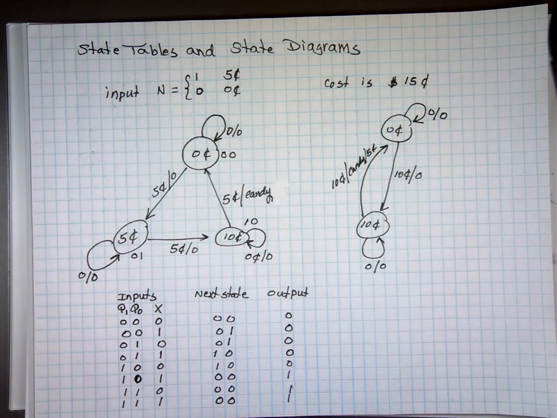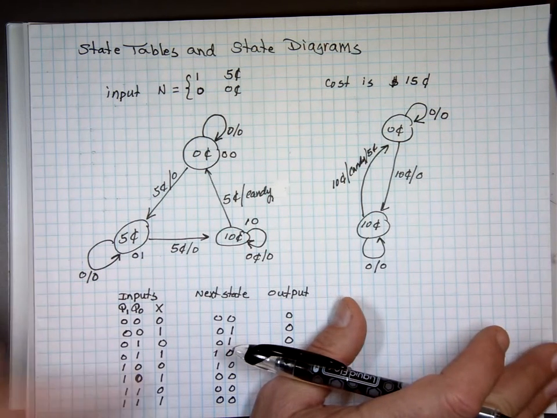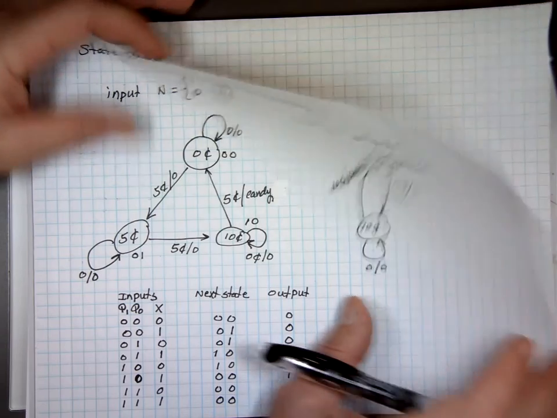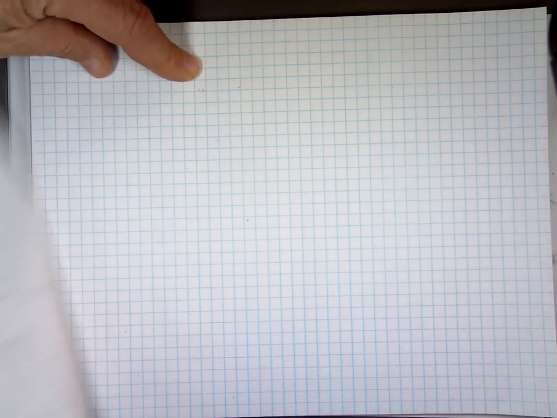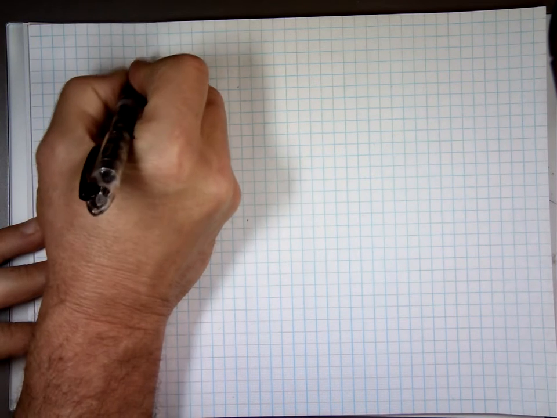So let me take another state diagram and see if I can generate the state table. I'm going to give you one. We have 4 states here. And this one actually looks funny the way it's drawn, because we can draw them in different ways.